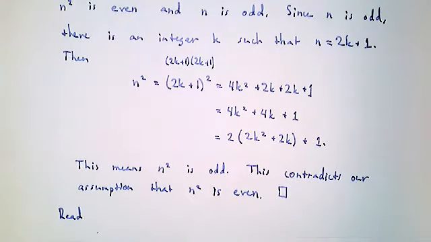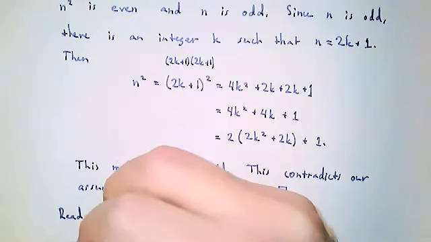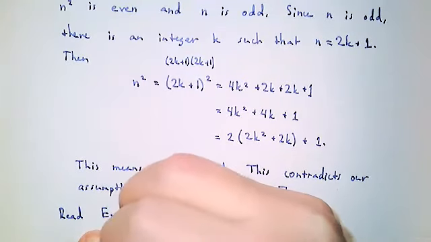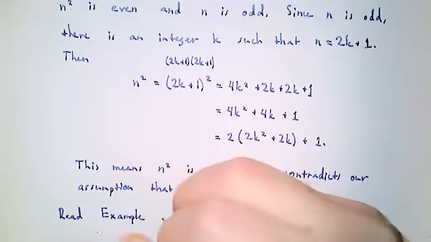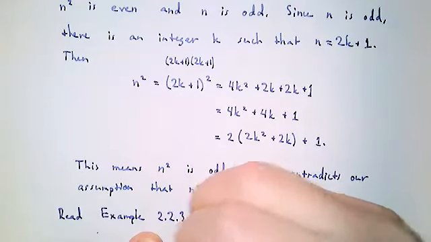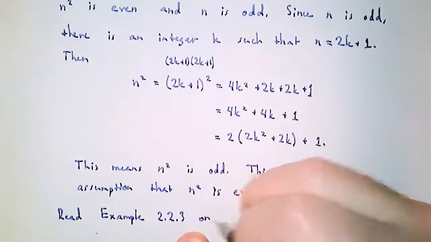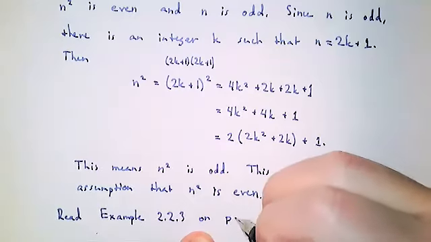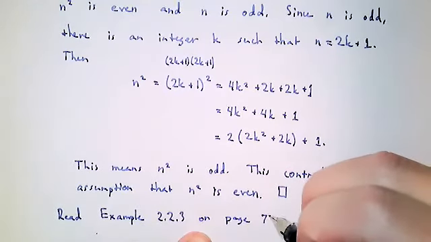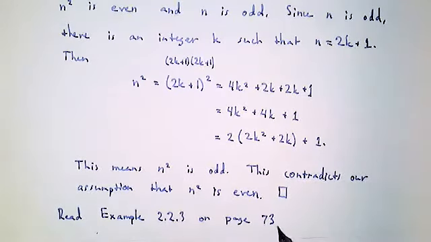It's example number 2.2.3 on page 73. So this is an important example showing that the square root of 2 is irrational using a proof by contradiction. So make sure you read over that one and understand that one too, before you try your own proofs by contradiction on the homework.